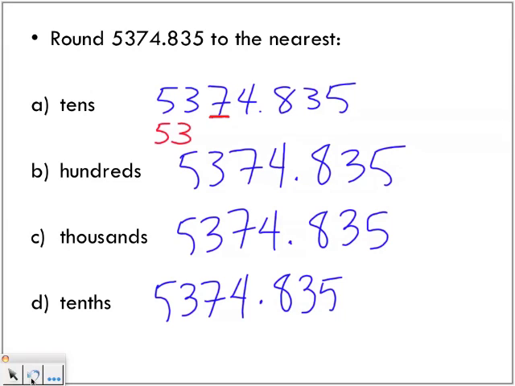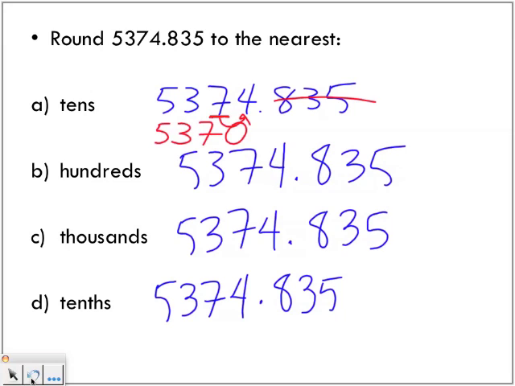The 5 and the 3, right? For the 7, we look at the number immediately following. Do I care about the 0.835? No, I don't care about that. So 7, will it get bumped up, or does it stay? It stays because the number is not a 5 or greater. And what's going to happen to the 4? It becomes 0. Now, what happens to everything after the decimal?